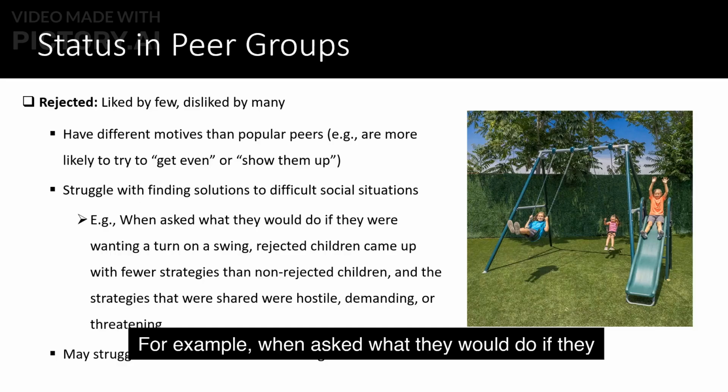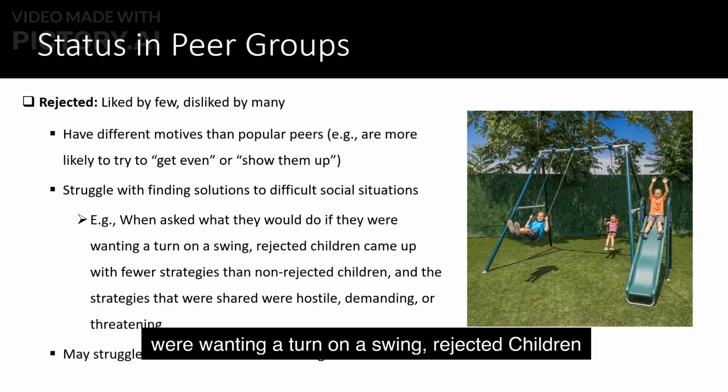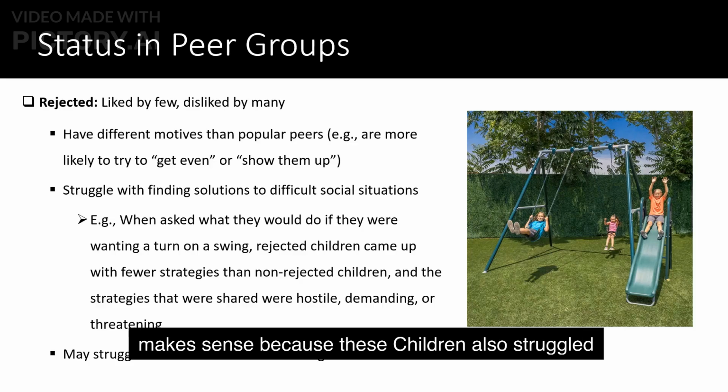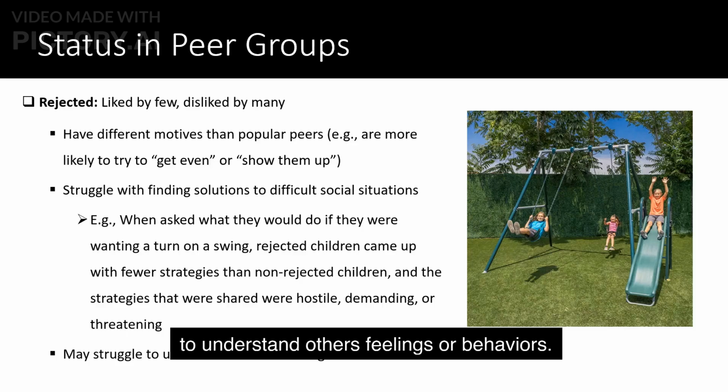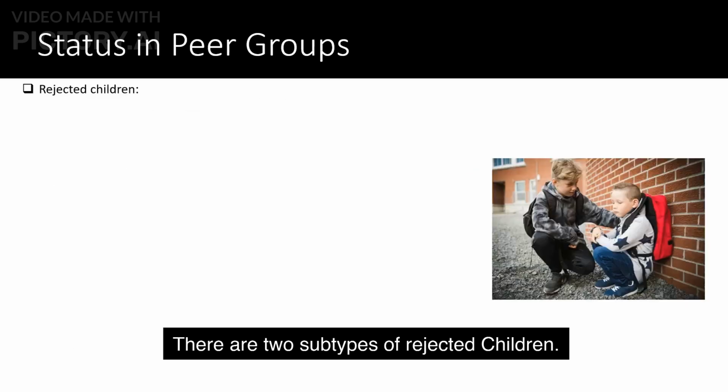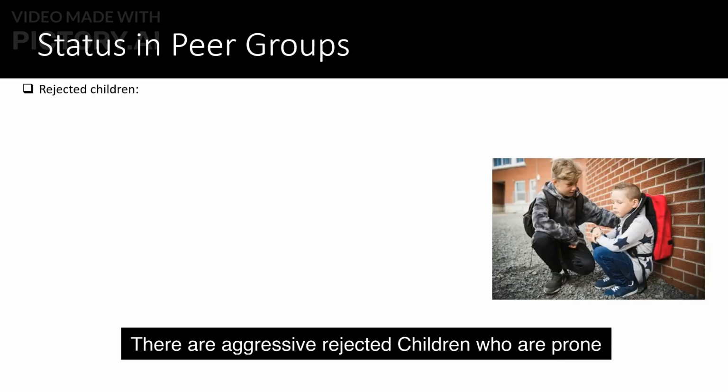For example, when asked what they would do if they were wanting a turn on a swing, rejected children came up with fewer strategies than non-rejected children. And the strategies they did come up with were hostile, demanding, and threatening, which makes sense because these children also struggle to understand others' feelings or behaviors. There are two subtypes of rejected children.